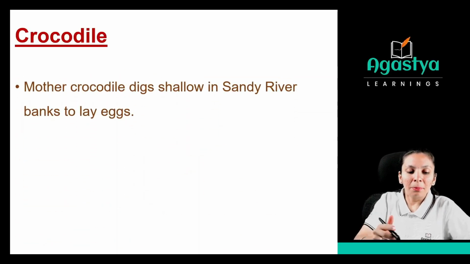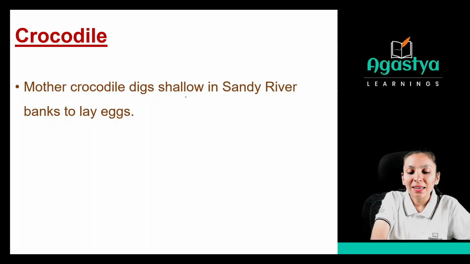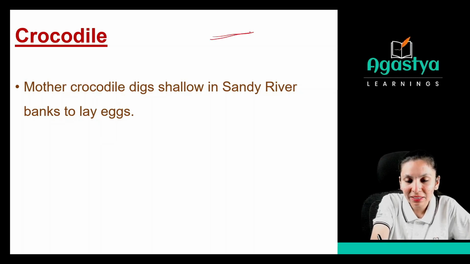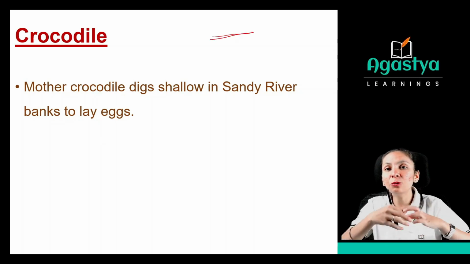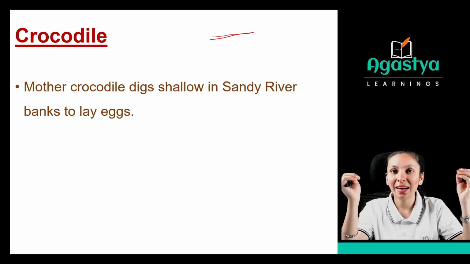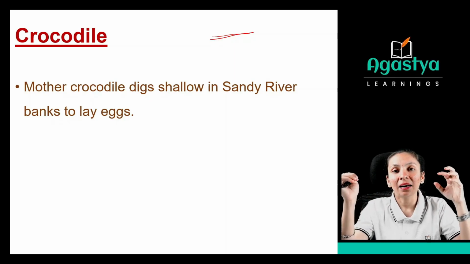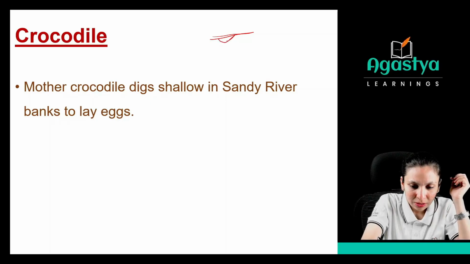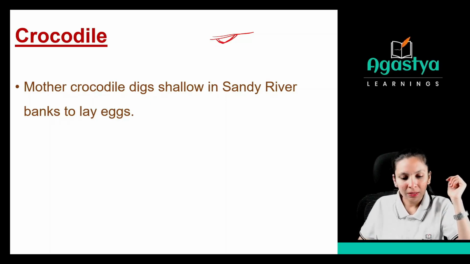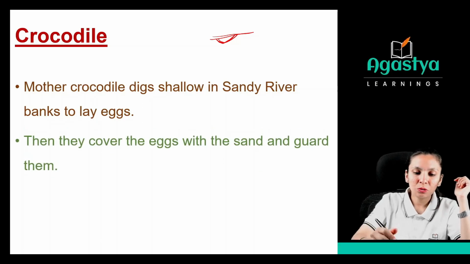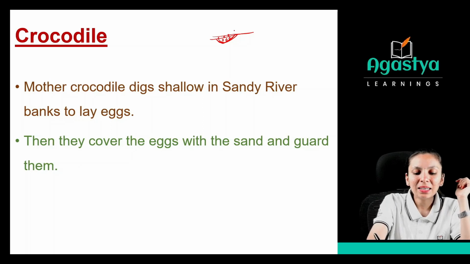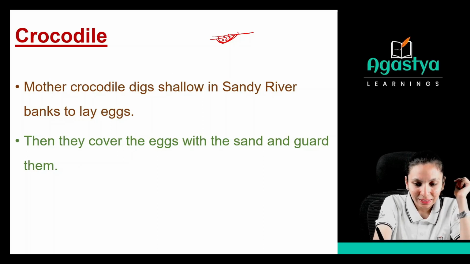Now see, the mother crocodile digs shallow in sandy river banks to lay eggs. If there is a sandy river bank near the river area, there will be sand, right? So in this sandy area, they will dig shallow. It will not dig that much. It will dig shallow. Then they will lay eggs over there. As you can see, some eggs are there. Then they cover the eggs with the sand and guard them.